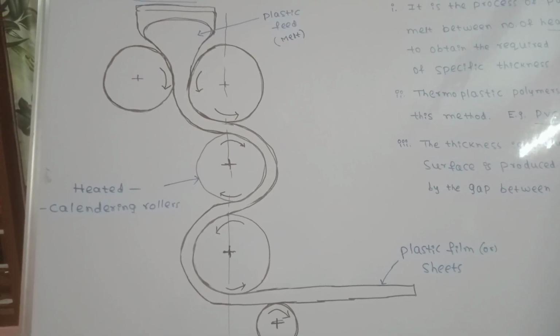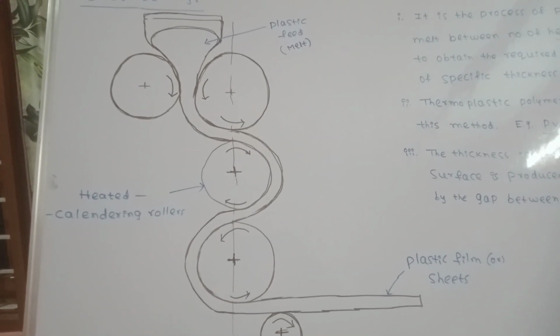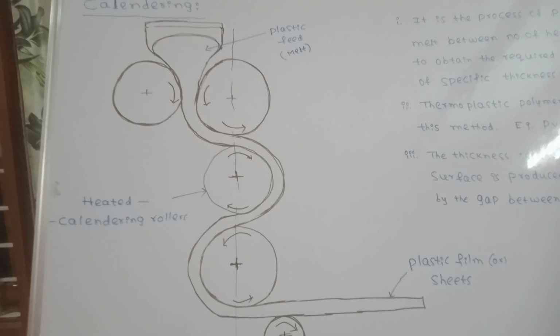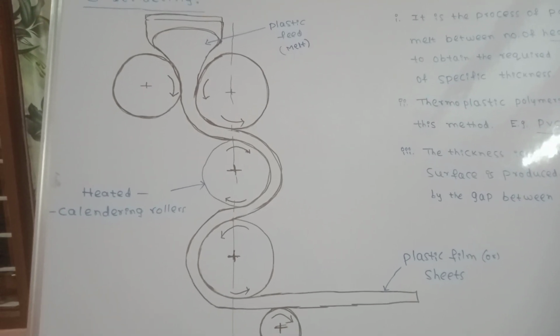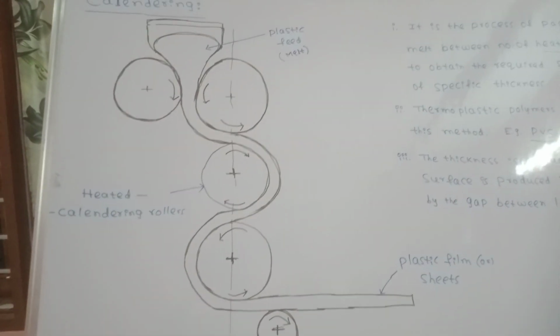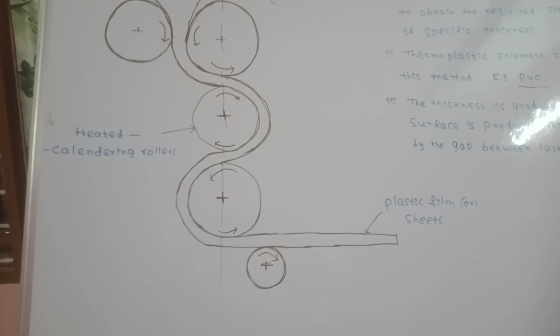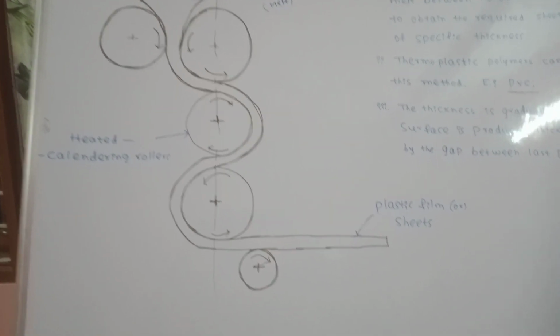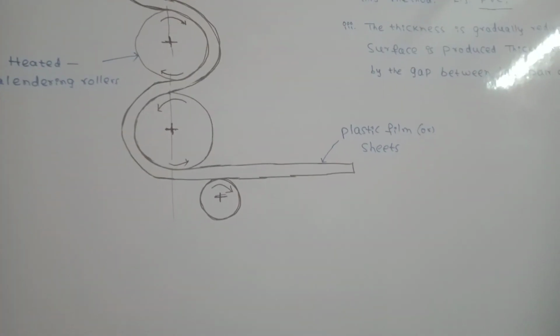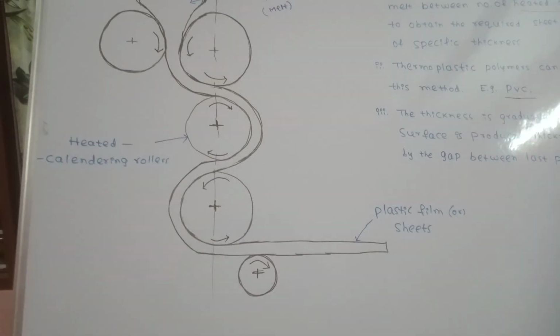The rollers will rotate in opposite directions so that the plastic will come out of the rollers. Initially we may have some thickness, and in a number of stages the thickness will be reduced, so we will get the plastic film or sheets at the end in this method.